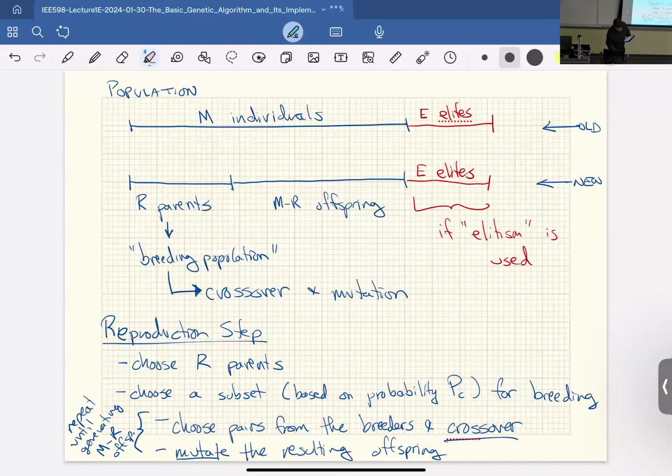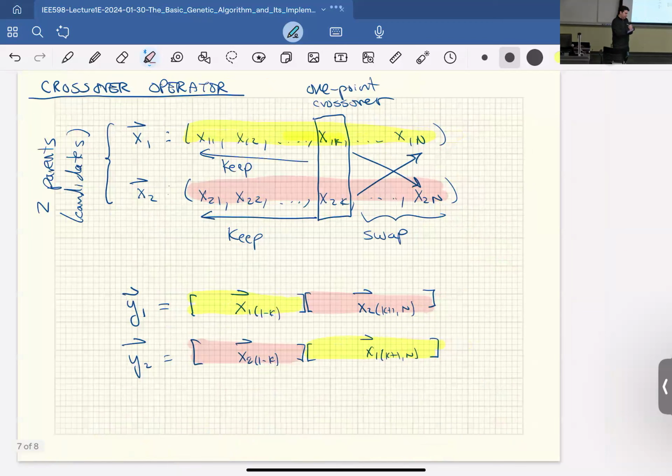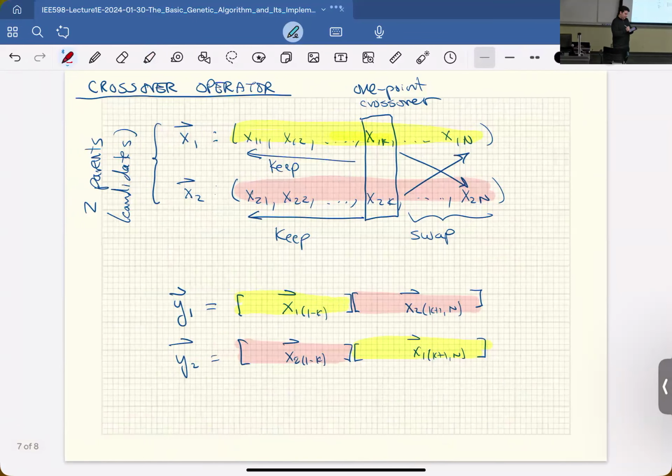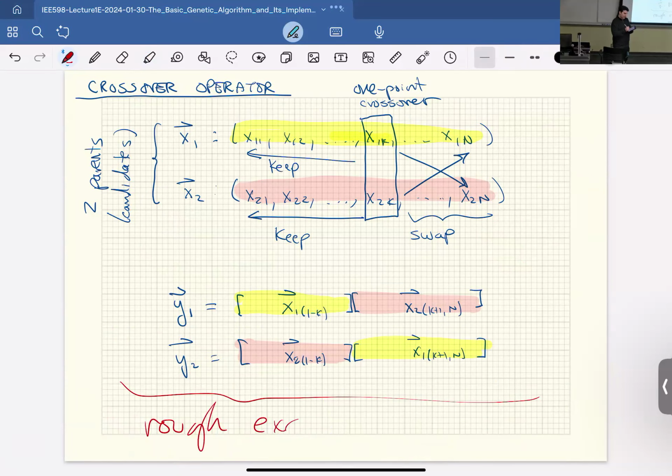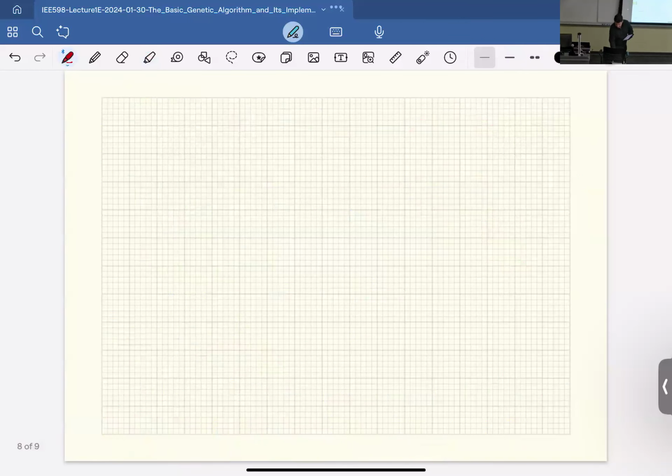All right, but we'll get to the specific crossovers in a second. This is just a rough example, but let me deal with selection first. And I also wonder if I should mention the floating point thing.